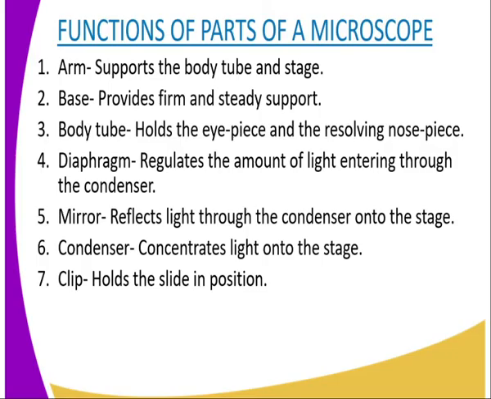The difference between the two is that the coarse adjustment knob raises the body tube through long distances to bring the image into focus, while the fine adjustment knob raises the body tube through short distances to bring the image into sharp focus. That is the difference between the two adjustment knobs.